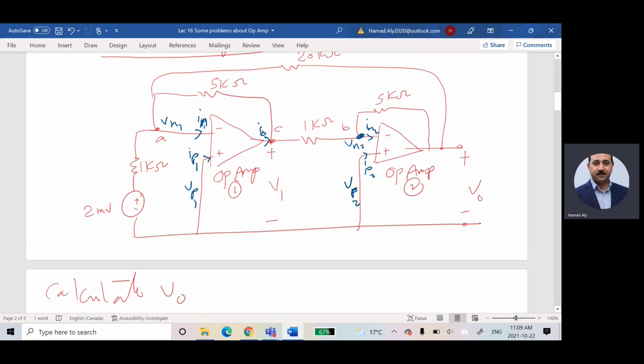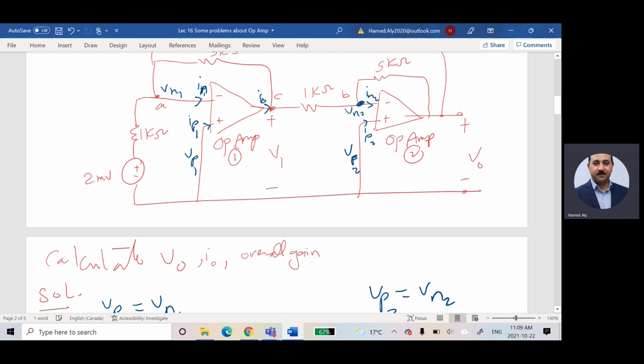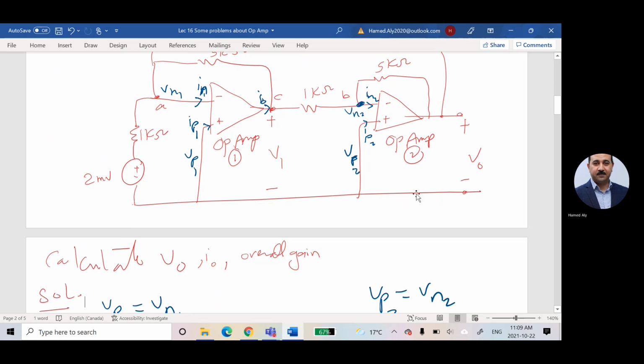So I asked you to calculate VO and IO. If I asked you to calculate the overall gain, what is the overall gain, guys? Is it V output divided by V1 or V output divided by this voltage? Divided by 2 milli, because this is the overall gain.